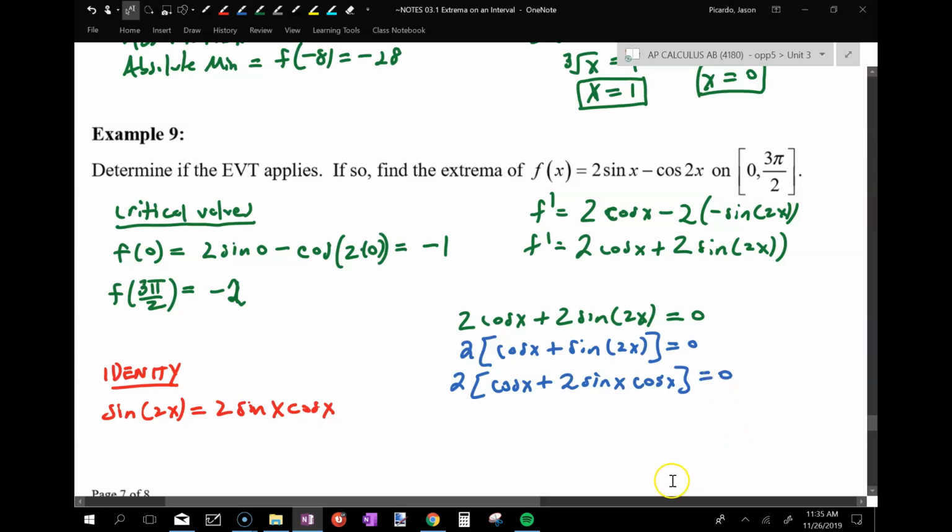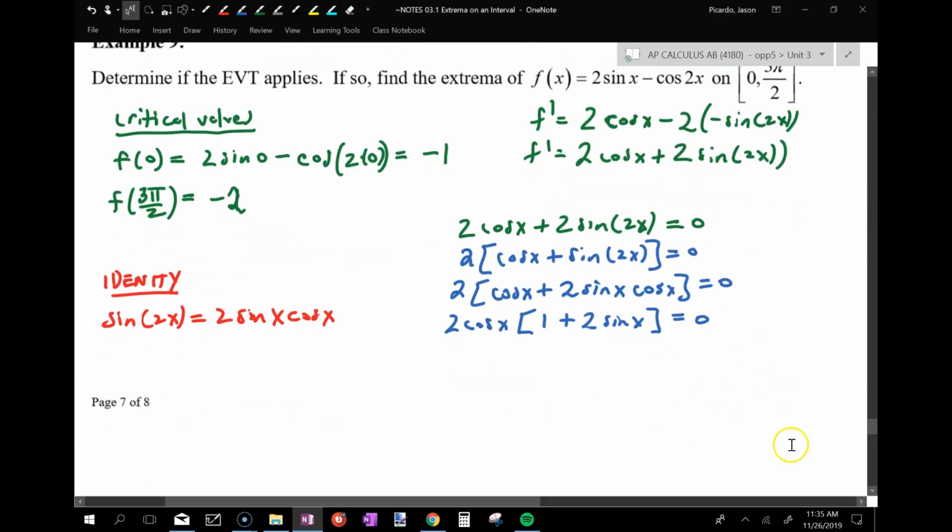And that gives me what? Now I can take a cosine of x out of both of those, right? Is that cool? And now I can set both of these equal to 0.